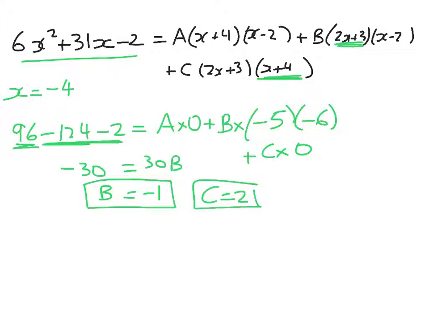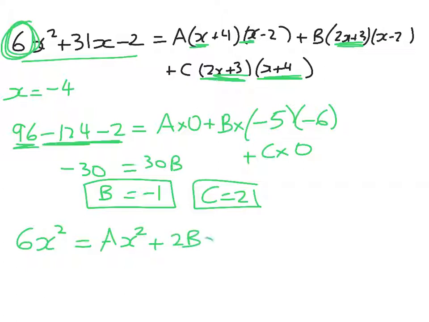So we could go on and do our substitution on this one here. But it's actually easier now to pick one of these and do a match-up on it, because I've got two of the variables solved. So we've got the 6 from the 6x squared, and we can just pull out the x squared coefficient. This gives me a x squared plus 2b x squared plus 2c x squared.